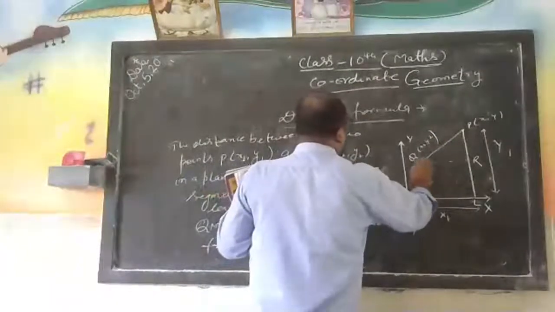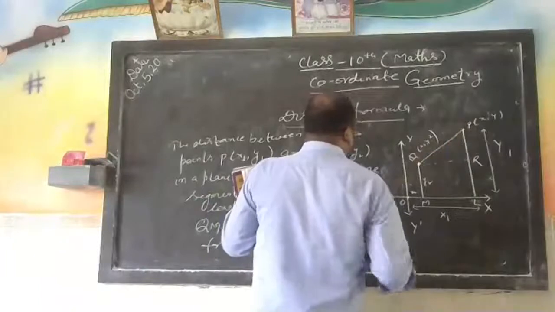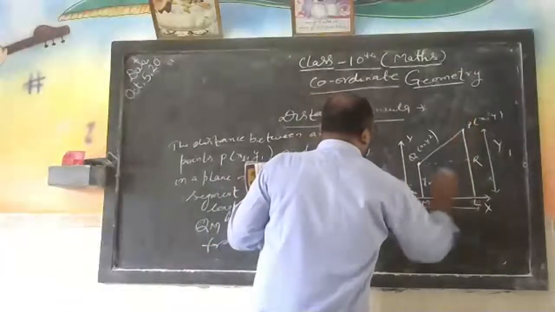If we want to find the distance PQ, there is QM and PL.